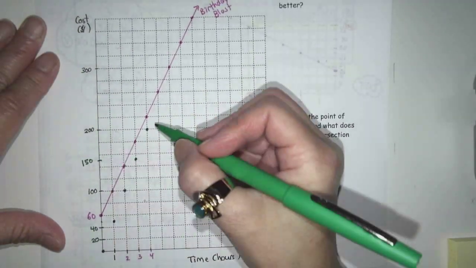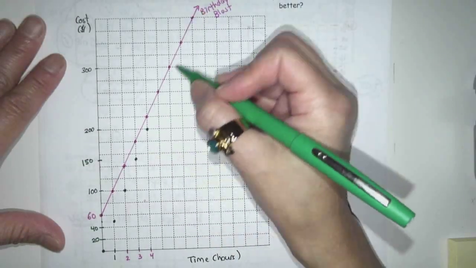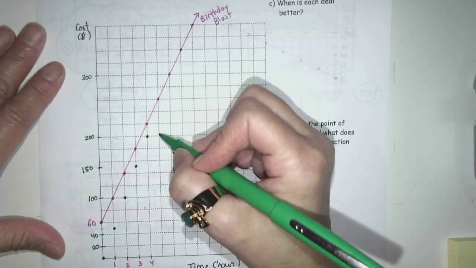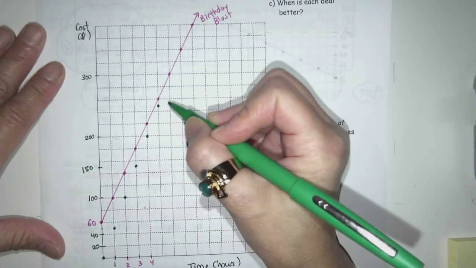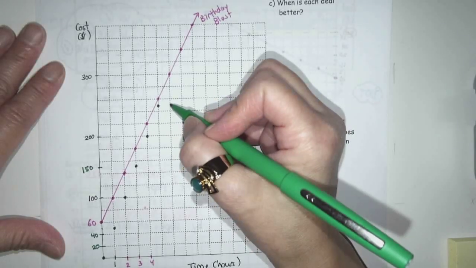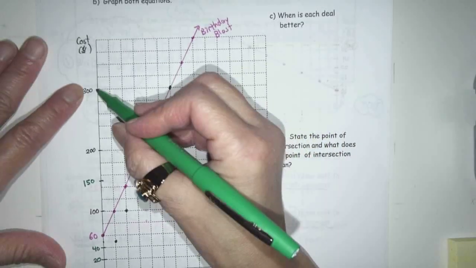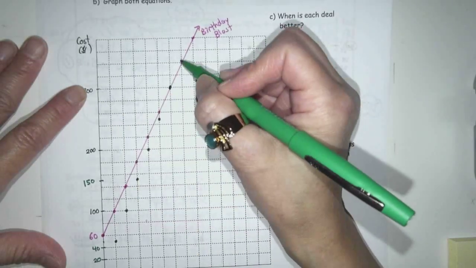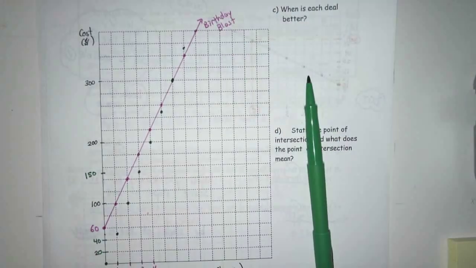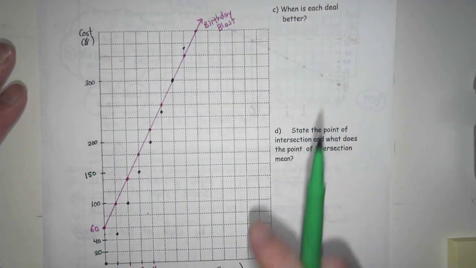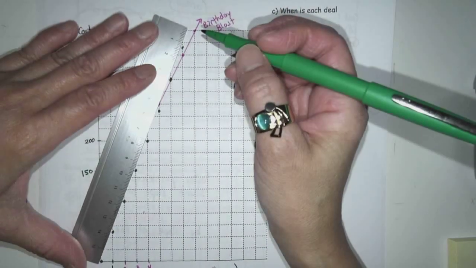You keep going until they intersect, and then you've gone as far as you can on this graph. Another hour, over 1 and up 2.5 squares, another $50 to get us to 300. Perfect. And we're going to graph this and put a nice little line here.